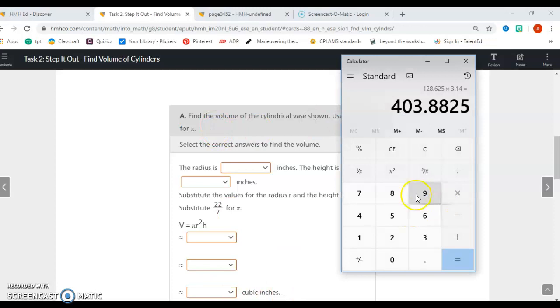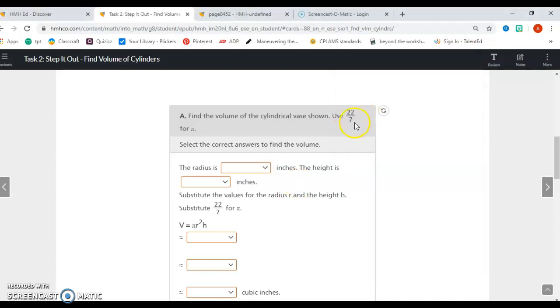Why do they want us to use 22 divided by 7? 22 divided by 7 equals pi, 3.142857. 22 over 7, 22 sevenths, is the fraction form for pi.